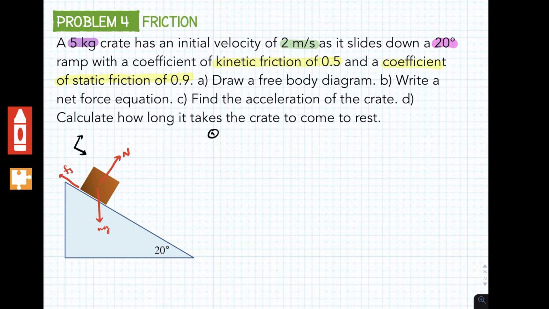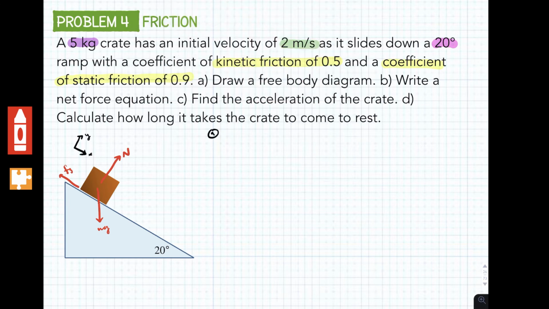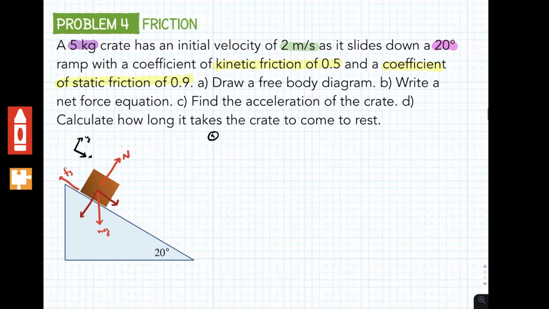So we'll call this X and this Y, meaning that we're going to want to break our mg into cosine and sine. Remember, if we have an angle of 20 degrees here, that's probably the same as 20 degrees here, because if you want to do this as a triangle, this is a right triangle.